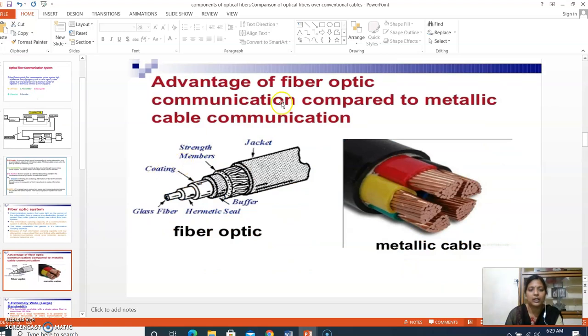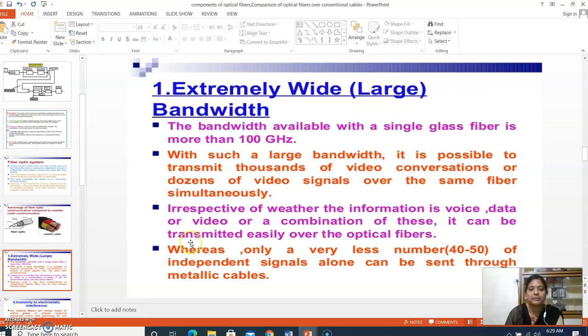Now let us see the advantages of the fiber optic system compared to the metallic cable communication system. These are normal coaxial metallic cables, and this is a fiber cable. Now we will have the comparison between these two. The first point is having large bandwidth. Already we have seen the definition in fiber optics. It has a large bandwidth with a single glass fiber, around 100 gigahertz.